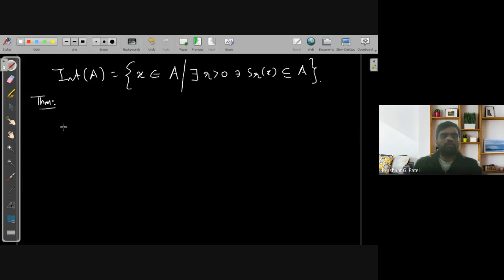We have certain results on this interior. Can somebody tell me what should be the property of this interior, by looking at the definition?